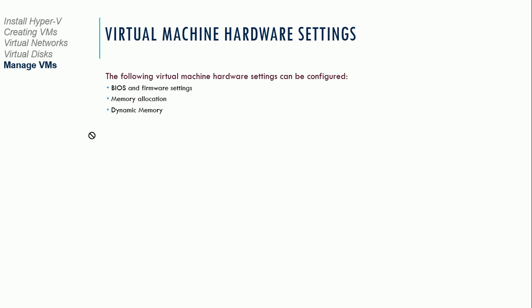You can use dynamic memory, so it's only using the memory that it needs. What dynamic memory allows you to do is, let's say you've got 10 virtual machines and you have 10 gigs of memory. You could assign 2 gigs to each virtual machine, but it's very unlikely that all of those machines are going to be using 2 gigs. So you can over allocate your resources, and it allows you to much more efficiently use the resources that you have.